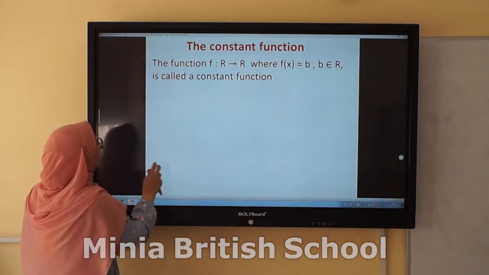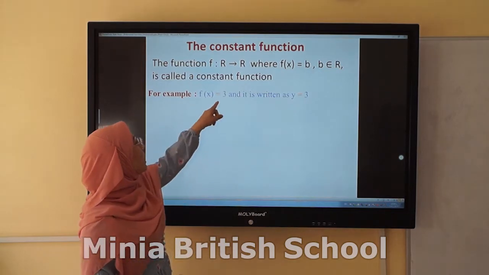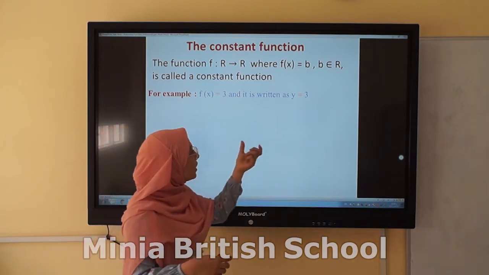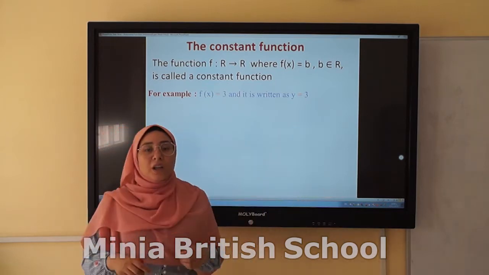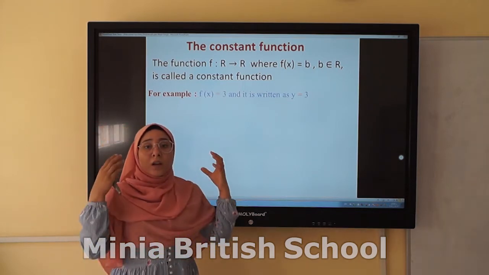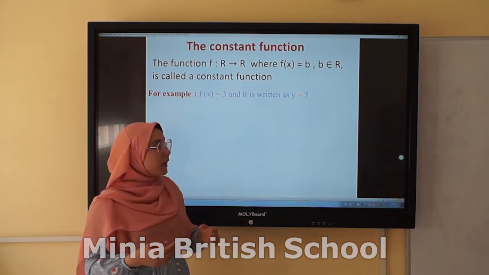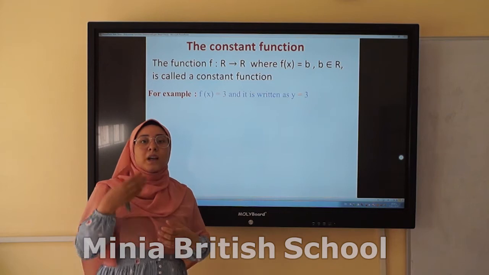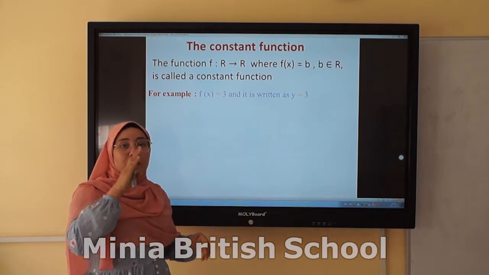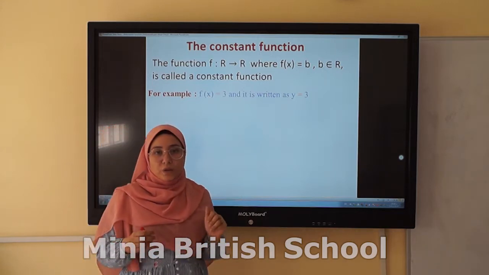Like what? Like f(x) equals 3. Here p equals 3, and it is written as y equals 3. Whether x equals 1, f(x) equals 3; x equals negative 1, f(x) also equals 3; for any number, f(x) also equals 3, okay?